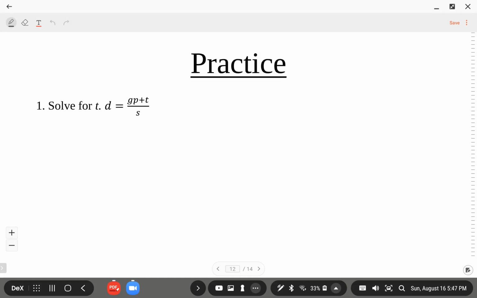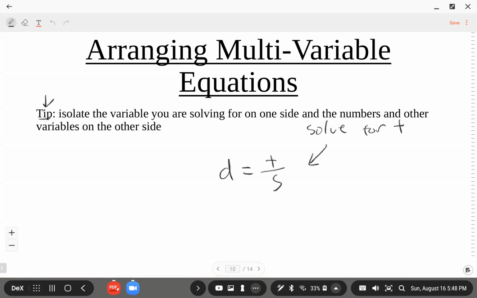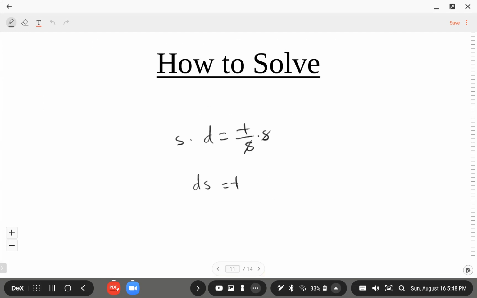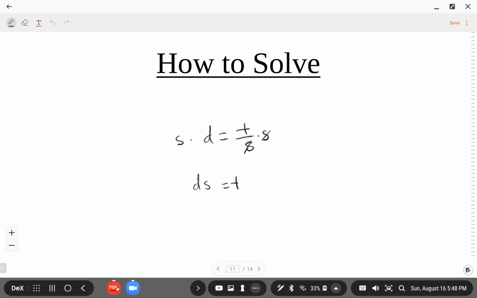So now let's practice a bit. Actually, let's do some more warm-up examples first. And also, I want to show you an example in a practice problem later. So when we're trying to arrange multivariable equations, sometimes you see this dx plus fx equals ts.